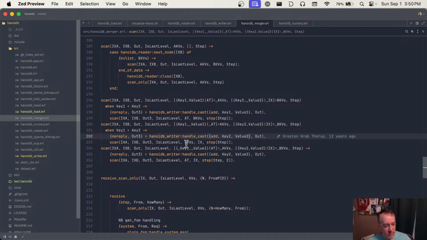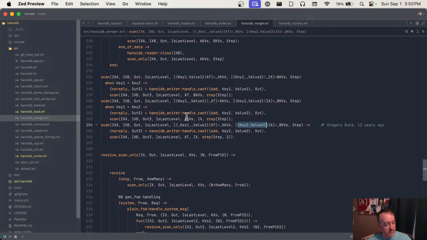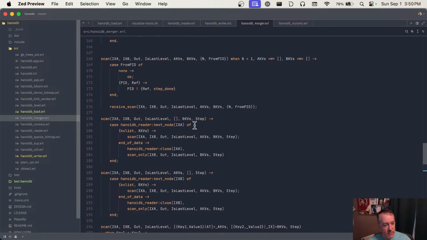And then I assume this is the case where they're equal, right? And then you just arbitrarily pick one. Sure. Okay. And then it's tail recursive.